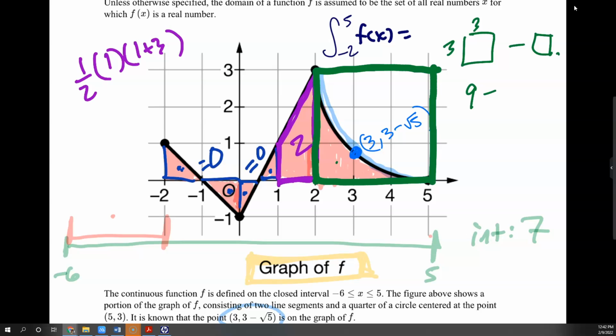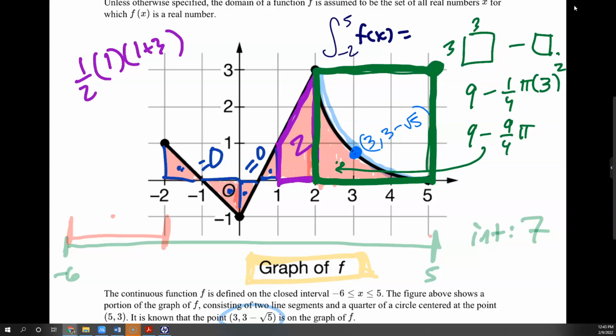The quarter circle is 1/4 pi r squared because it's a quarter. R is 3 because that's the center of the circle, and we know it's a quarter circle. So the radius is 3. Pi r squared. So that is 9 minus 9 over 4 pi.